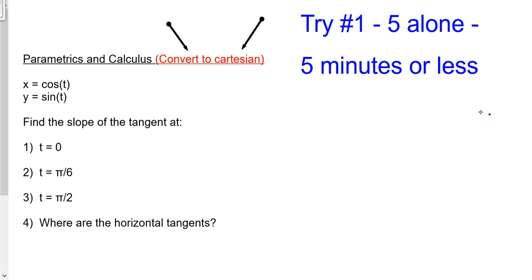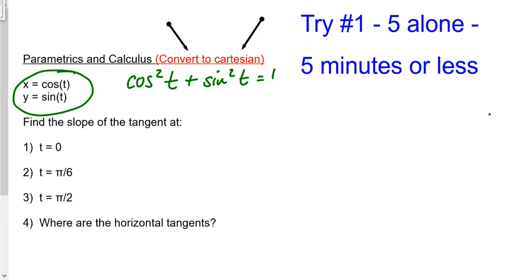In this problem, we're given that x is cosine of t and y is sine of t. I would encourage you to remember that this is an identity that you know, and utilize that. And when you're asked to find slope, remember that slope is dy dx. Okay, come back in 5 minutes, do the best you can, and we'll see where you are.